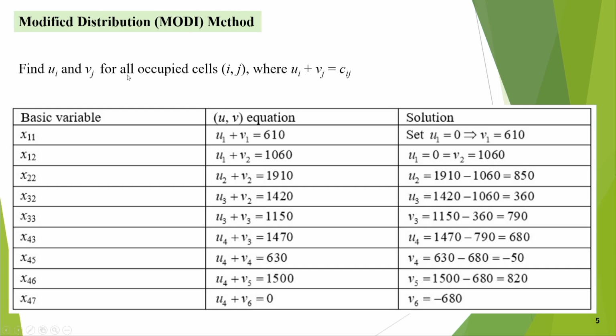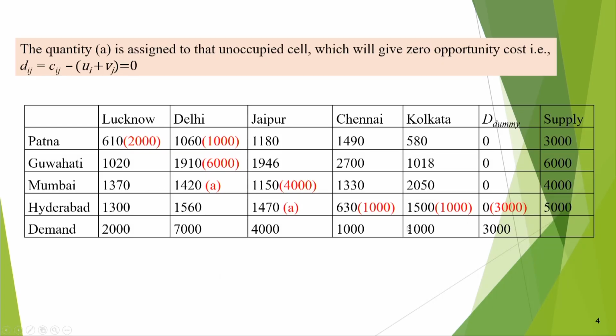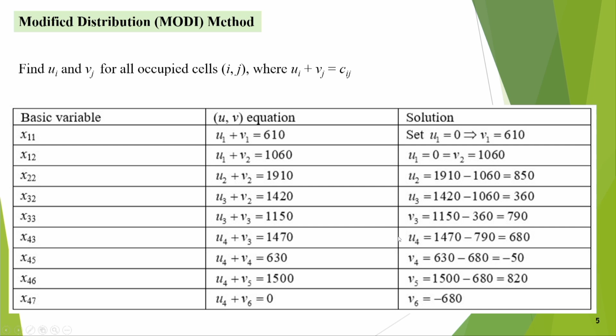Okay. So, find Ui and Vj for all occupied cells, where Ui plus Vj is equal to Cij, and I have written these basic variables. I am designating x11, and finally x47 is also filled, that means 4th row, 7th column. No, this must be 4th row and 6th column.